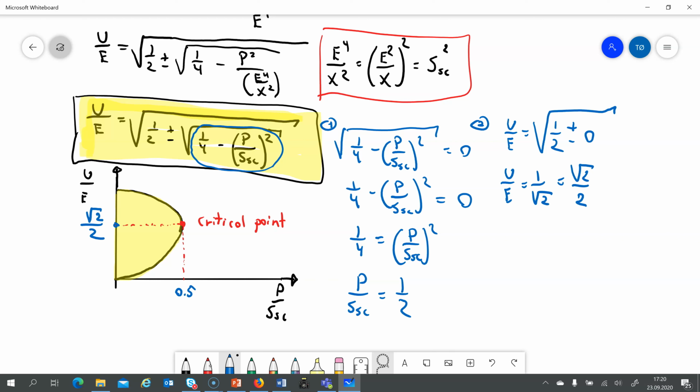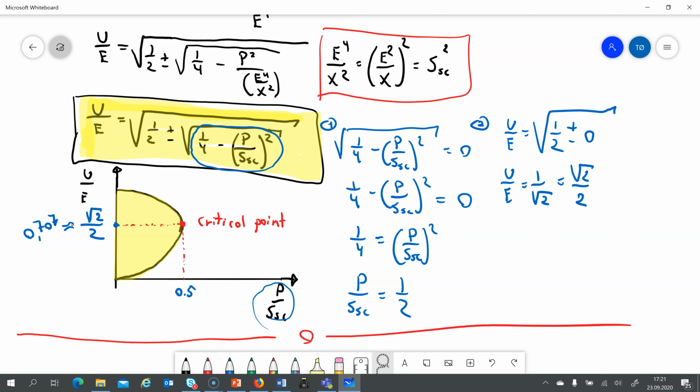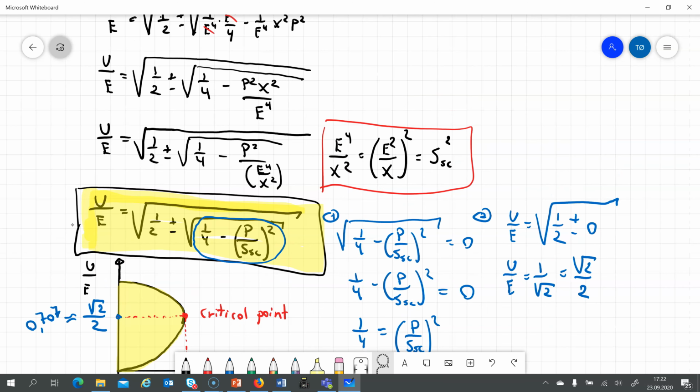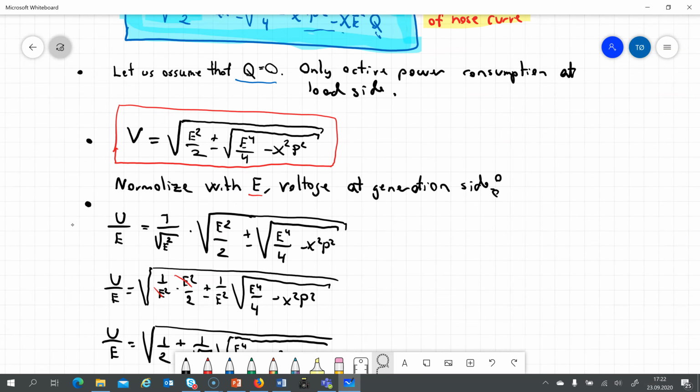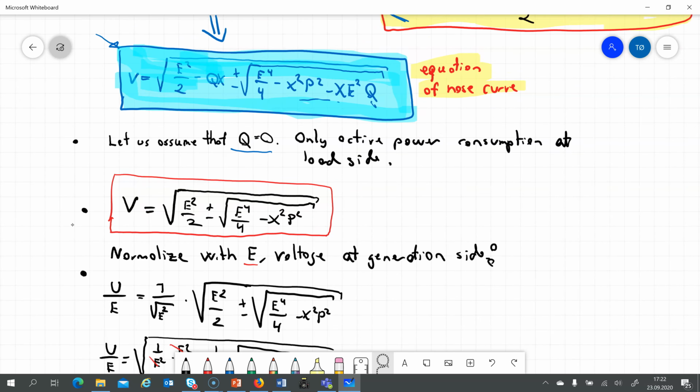So the critical point without any reactive power is half of the short circuit amount, and the voltage is square root of 2 divided by 2, around 0.707. Now let's go up and bring down the same equation where we also had reactive power in it. It was this equation.